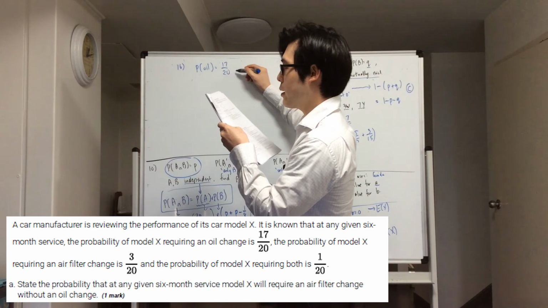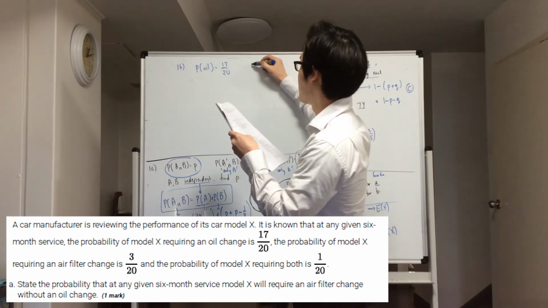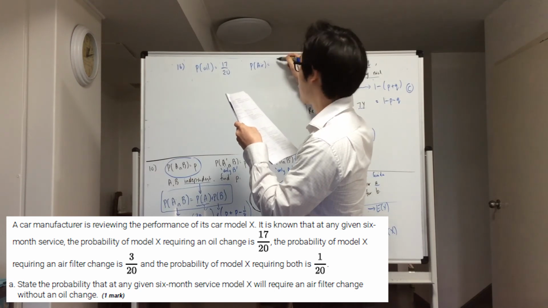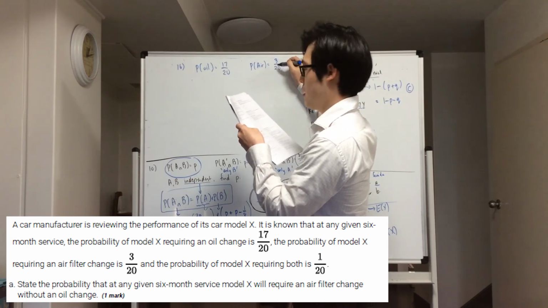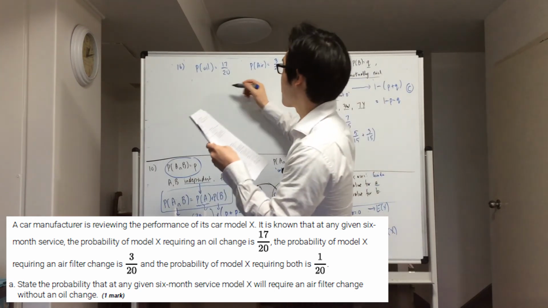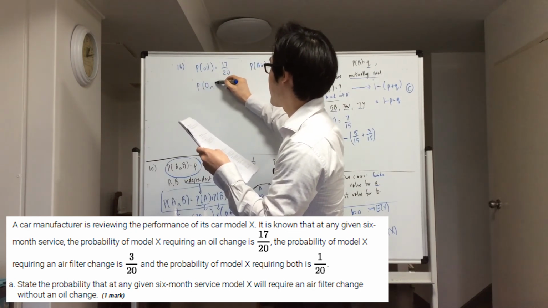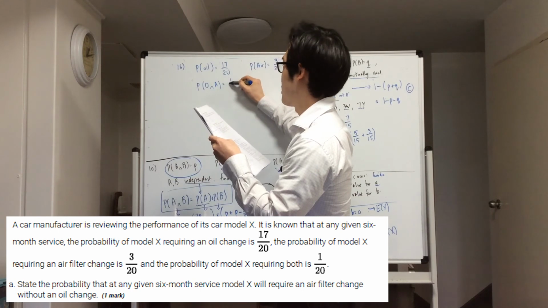And then the probability of X requiring an air filter, so I'll just write probability of air, is equal to 3/20. And then the probability of requiring both, so let's say O and A, is equal to 1/20.